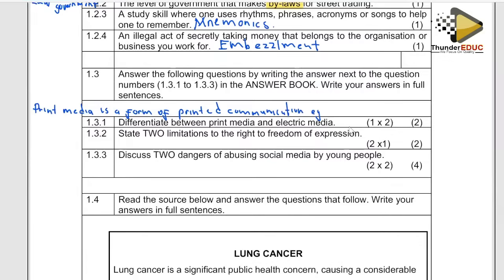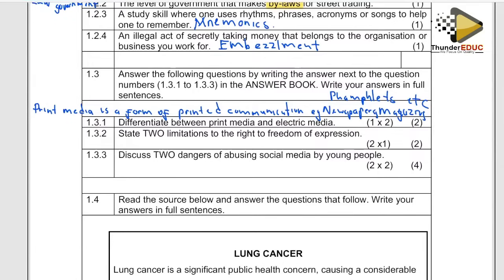I'm going to give examples, e.g., newspapers, magazines, then we also have pamphlets. I'm not going to list the whole list, but it involves that. Print media includes newspapers, magazines, even books. Then posters, leaflets, flyers, all those form part of print media.